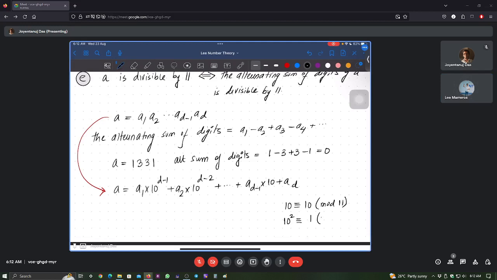What about 10 cube? So you have to find some general condition, right? So what about 10 cube? Is 10 cube equivalent to 1 or not? No, it is not.